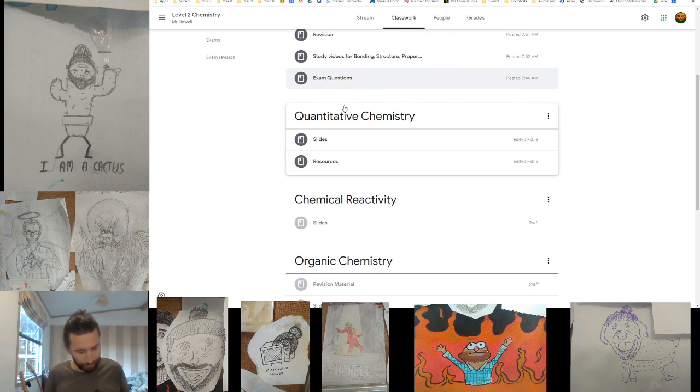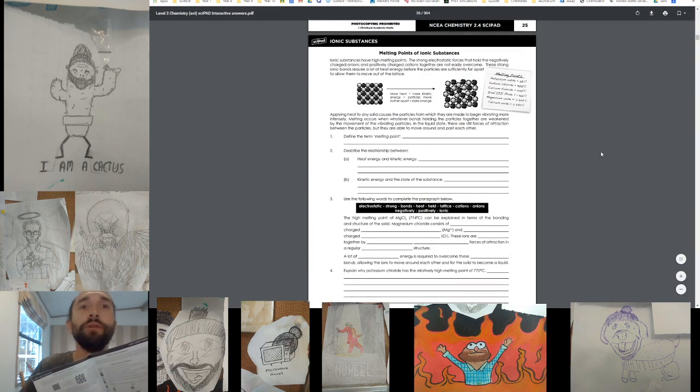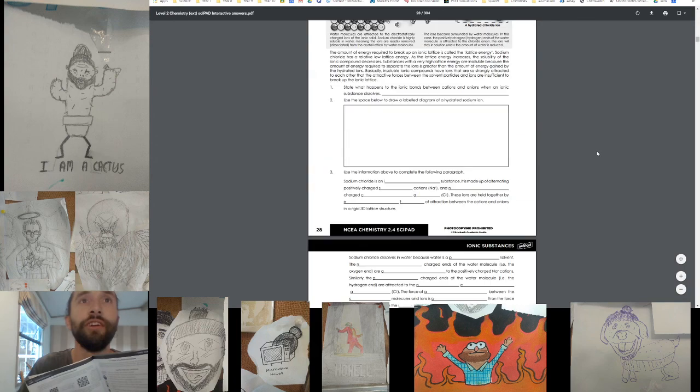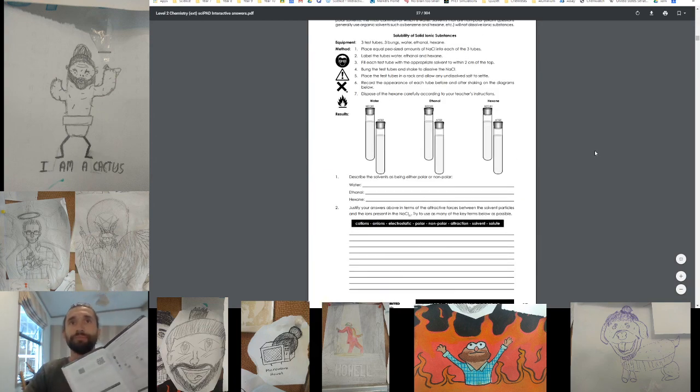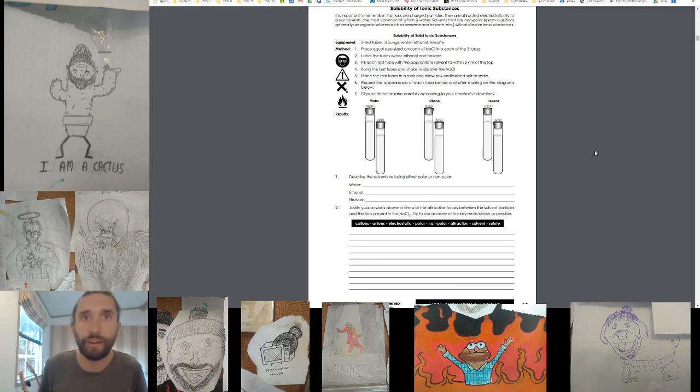On page 27, it's a practical. So we're not going to do this practical because we're all in self-isolation, but I'm going to tell you the answers. Describe the solvent as being either polar or non-polar.